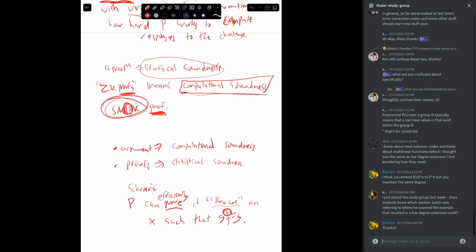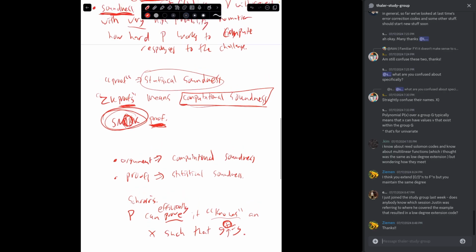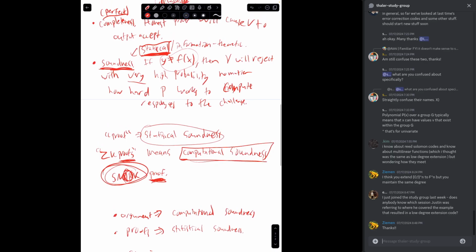I think the way to think of it is that the notion of an argument only refers to computationally bounded provers. So it is neither here nor there if you're considering computationally unbounded adversaries. Once there's a computationally unbounded adversary, computational soundness is just not helpful.